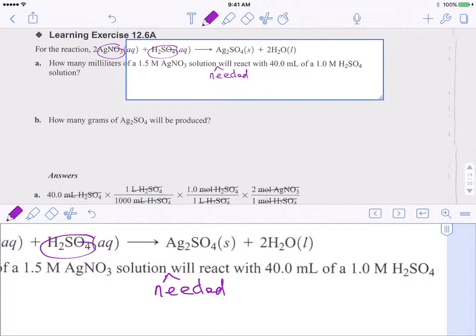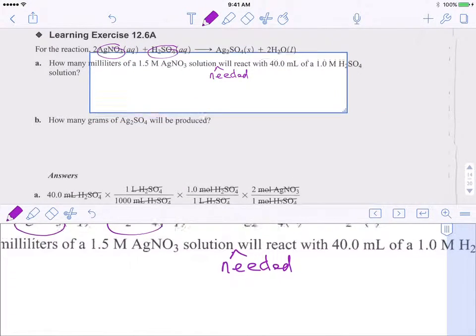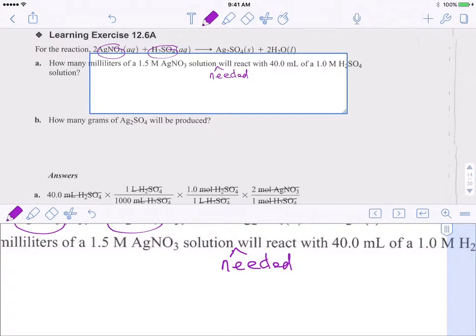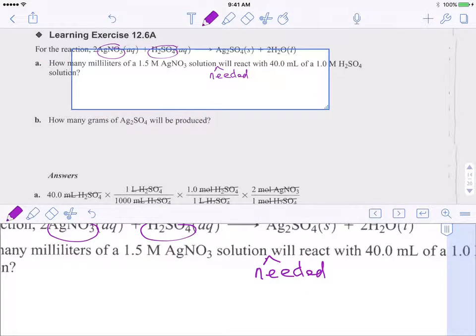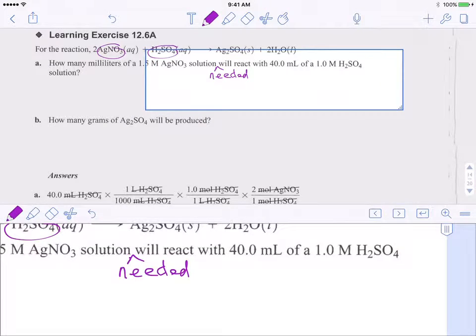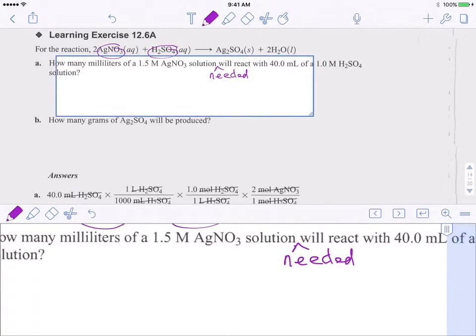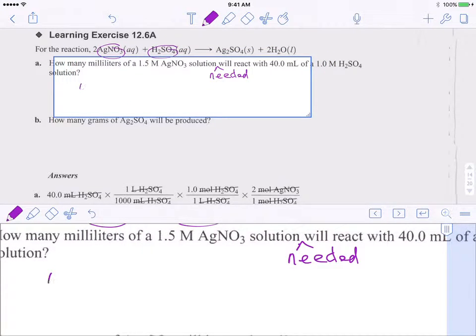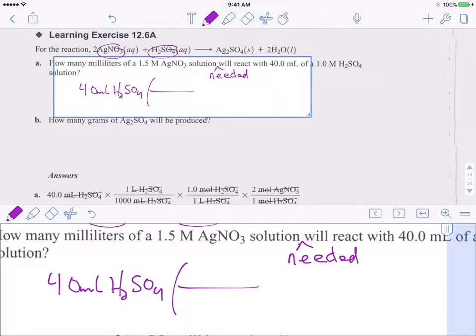Needed tells us we're going to use our molar ratio. So, cool. Now we're trying to figure out milliliters of AgNO3, so we're going to start with what we have. Milliliters of 1 molar H2SO4. So let's start with 40 milliliters H2SO4, convert that real quick to liters because we always want to be in liters.